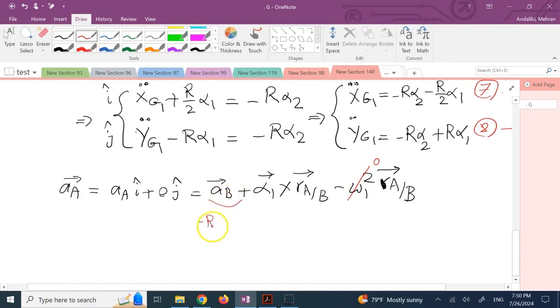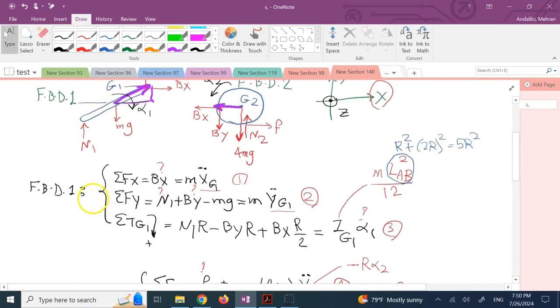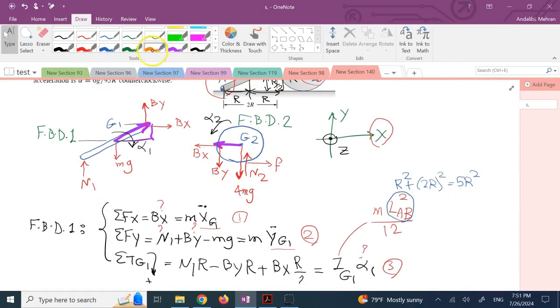It was negative R alpha 2 i, negative R alpha 2 j. This alpha 1 here is just negative alpha 1 k. And r of A with respect to B, you go from B to A. So that is this vector here, like this, which is negative 2R i, negative R j.